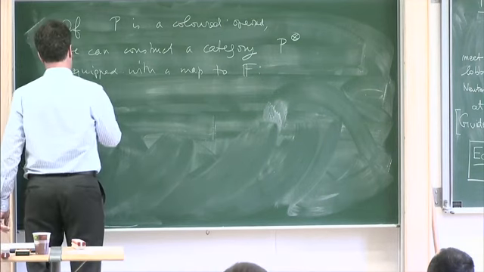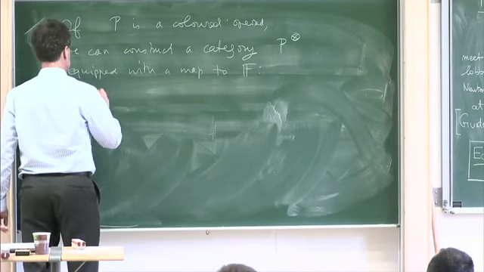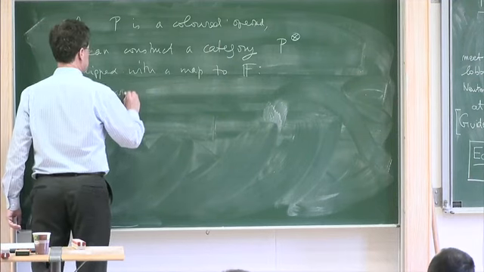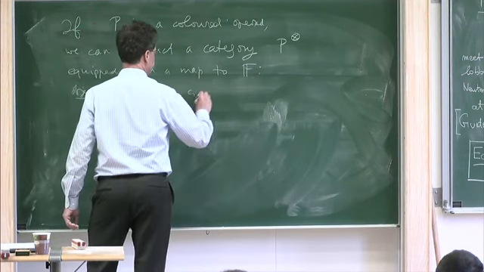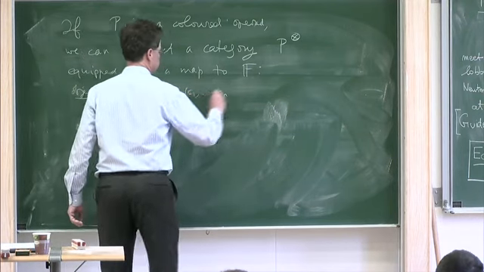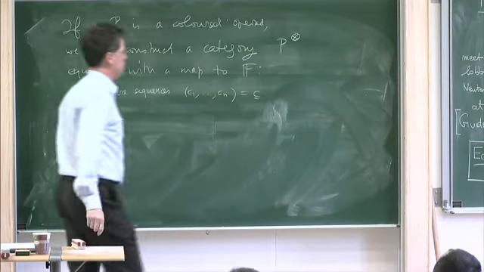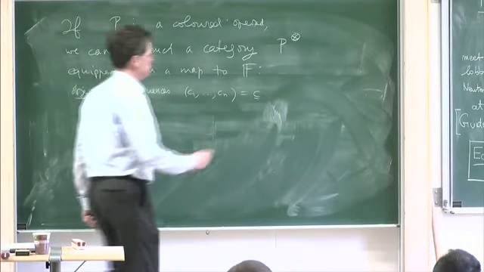So the objects are sequences C1, ..., Cn, which I will maybe write C underlined, of colors.